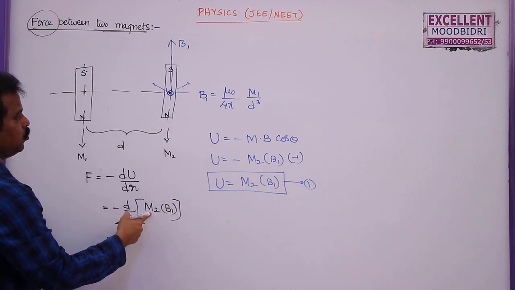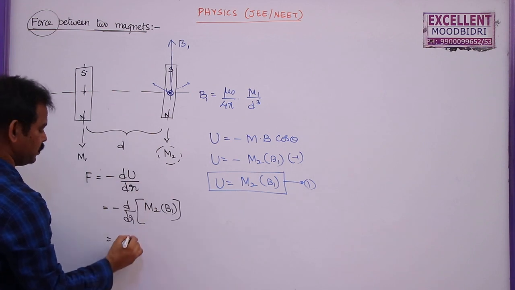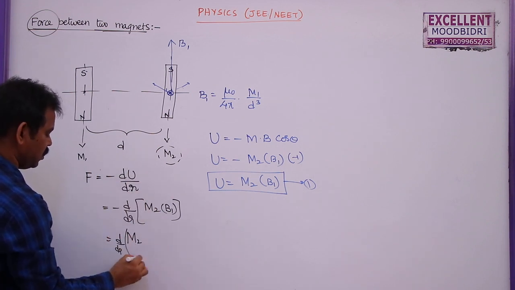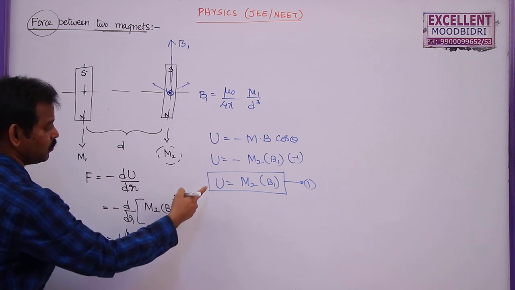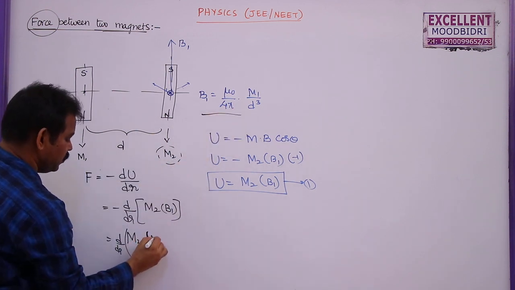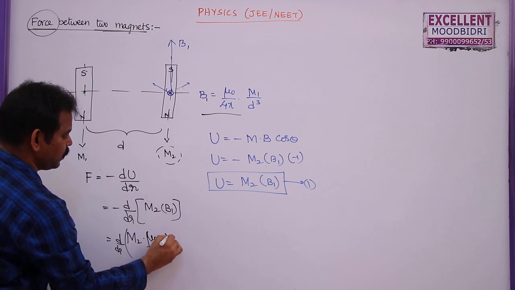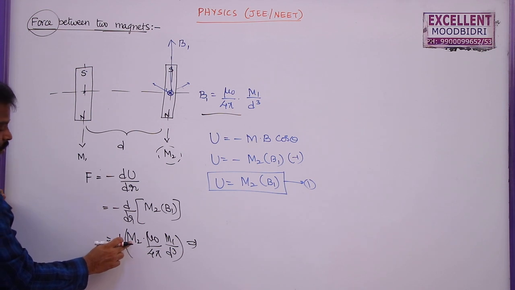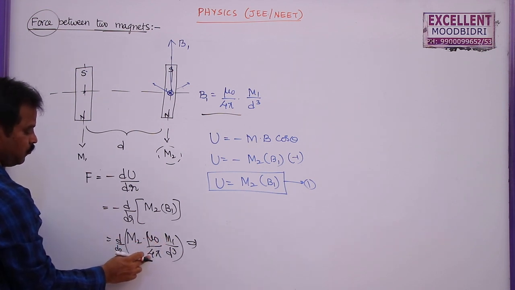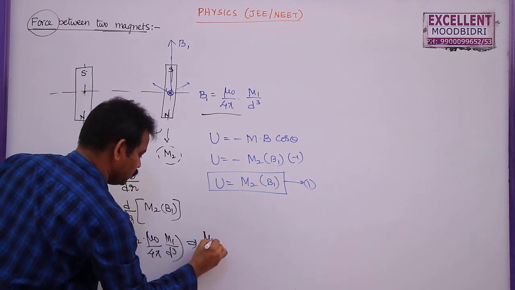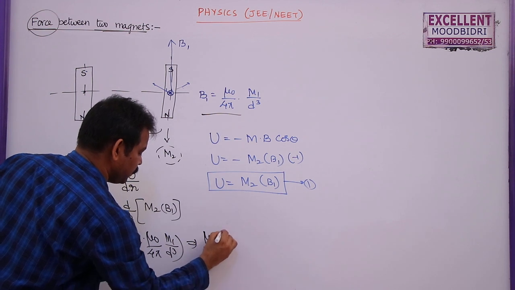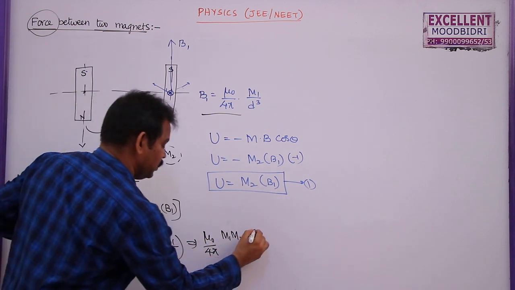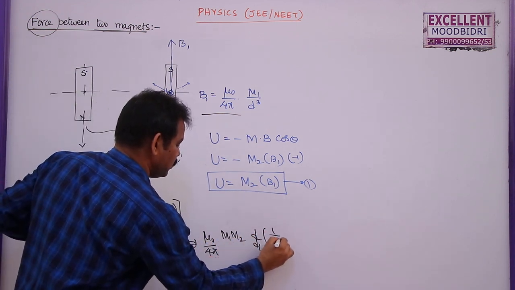So minus of d by dr of U is equal to M2 B1. What is M2? M2 is the magnetic moment of the second Bohr magnet, constant. So I am writing d by dr of M2 into B1, where B1 is given by mu naught by 4 pi M1 by d cube. This is a constant, M1, M2, mu naught, 4 pi constant. So mu naught by 4 pi M1 M2 d by dr of 1 by d cube.